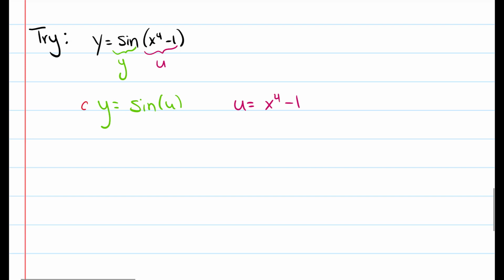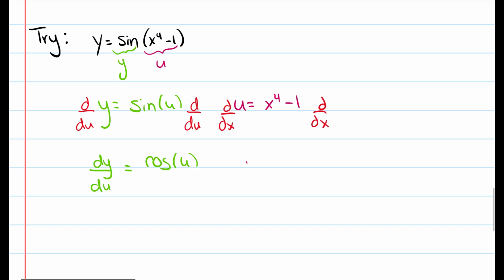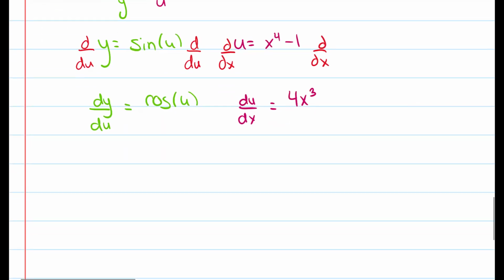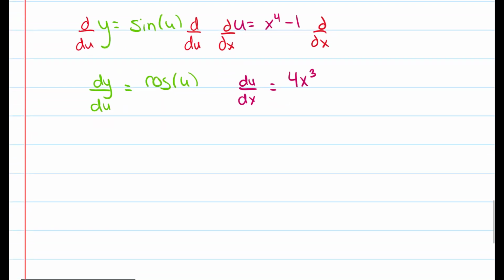So I take the derivative with respect to u, and I get dy du is equal to cosine of u, and then I take the derivative with respect to x, and I get du dx is equal to 4x cubed. And so from here, all I have to do is finish it off by writing it out.